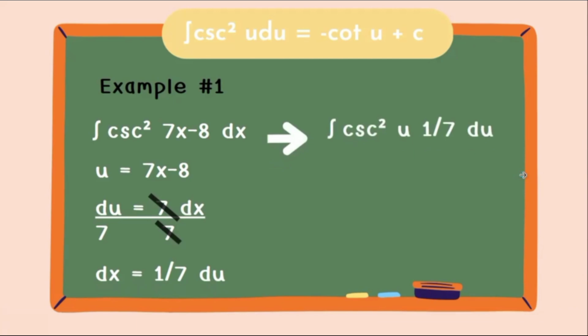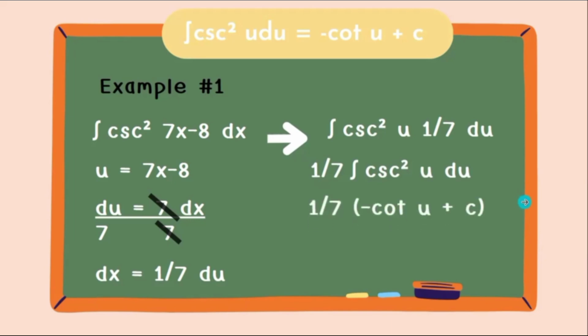Integrals of cosecant squared u 1 over 7 du. Next, take the constant out of the integral sign, and now we have 1 over 7 integrals of cosecant squared u du. Since nasa labas na ng integral sign yung ating cosecant squared u du, i-multiply na natin yung 1 over 7 sa negative cotangent u plus c.